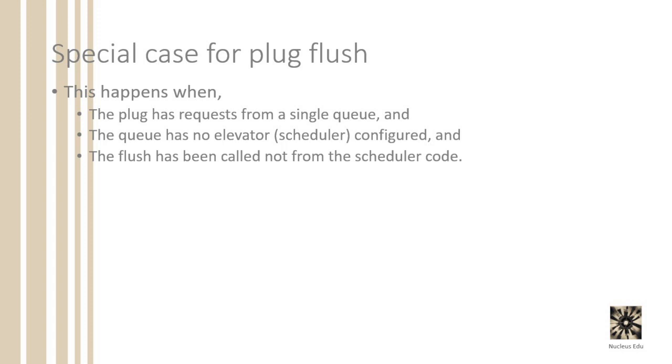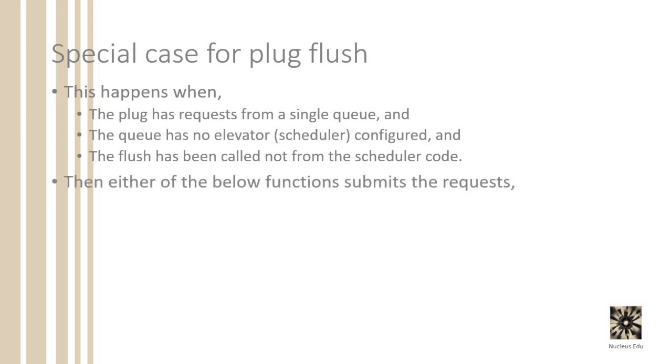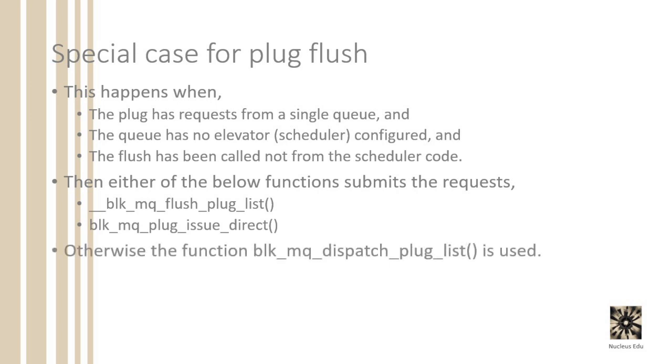You don't want your scheduler code to have such a long call going through functions. When all of these special case conditions are true, either of the below functions submits the requests directly to the device driver. If any of these conditions are false, then the function blk_mq_dispatch_plug_list is used.